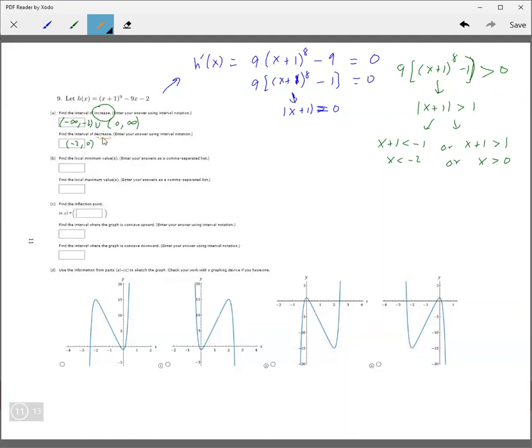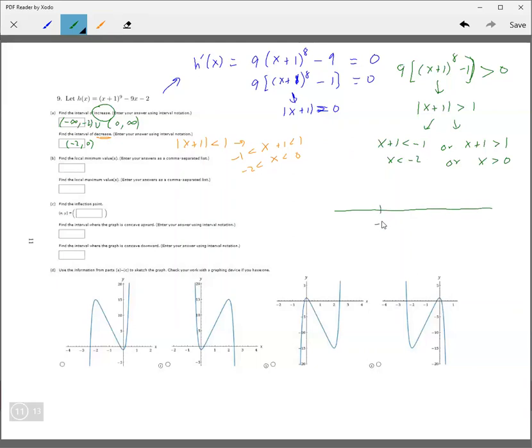Now for this one again, we could just go like this. And then that gives us that. So -2 to 0. Find the local minimum value. Okay, so we can kind of construct here what's going on.